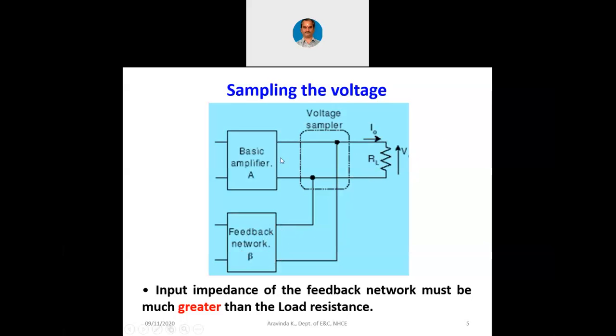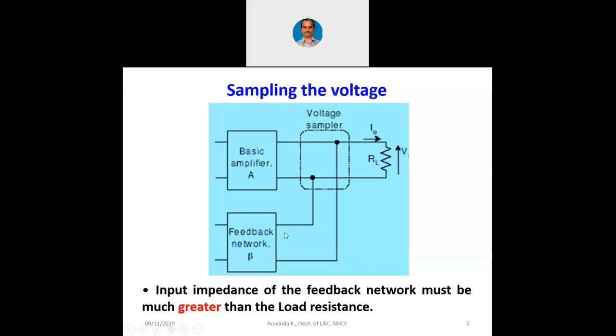Actually the amplifier's output should be supplied only to the load, and we are connecting the feedback for getting some other advantages as the linear response, as the increased frequency response, as the increased input impedance, as the reduced output impedance, as we had seen in yesterday's class. That is the purpose of applying negative feedback.